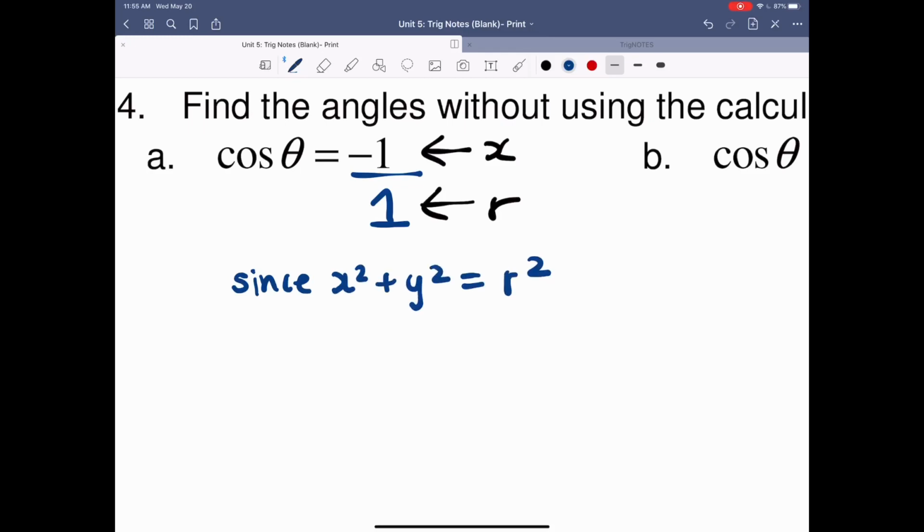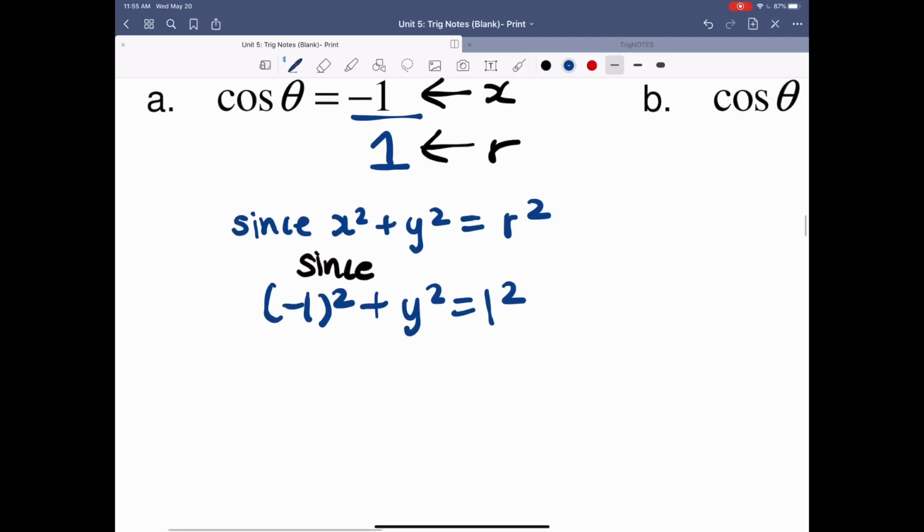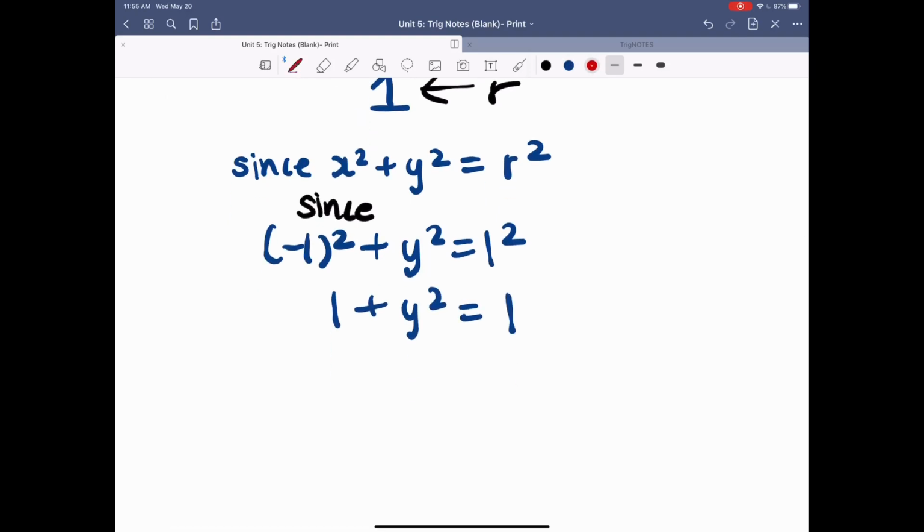So this is my side notes. Since you have -1 squared for the x squared, and then y squared equals 1 squared, because r is equal to 1, I have 1 plus y squared equals 1. And if I move that 1 over to the other side, that means y squared is equal to 0. And if I square root both sides, I get y equals 0.